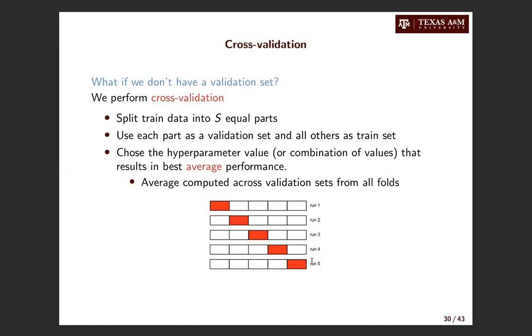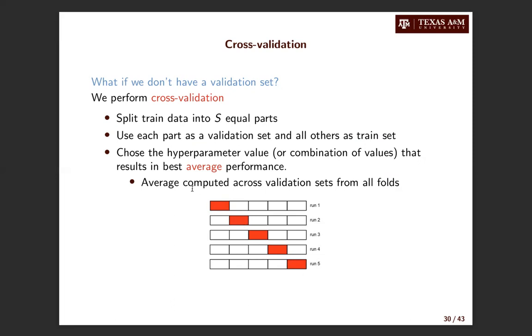We repeat that 5 times, and after we are done with these 5 repetitions, we have an accuracy that has been computed at each run for each of the corresponding splits that has been part of the development set at each run.